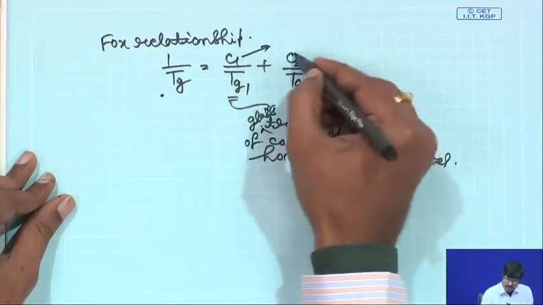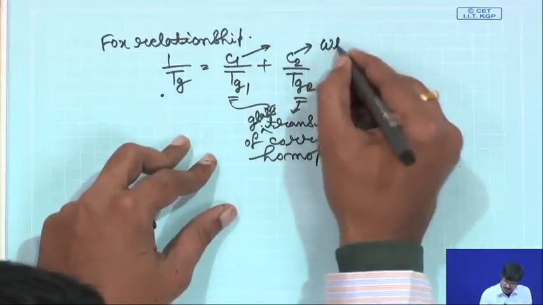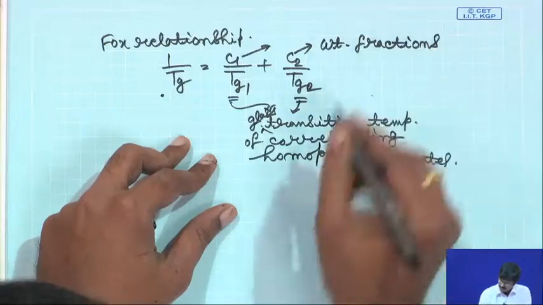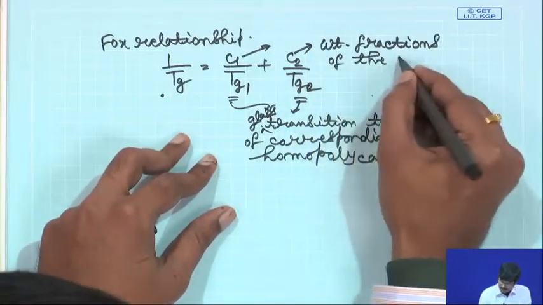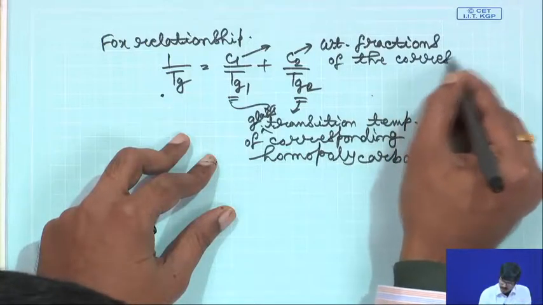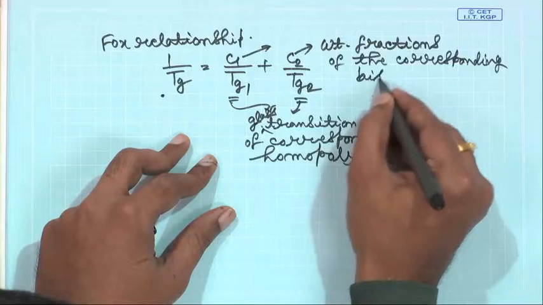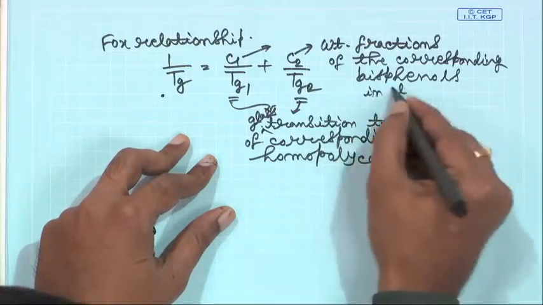and C1 and C2 are basically the weight fractions of the corresponding bisphenols in the copolymer.